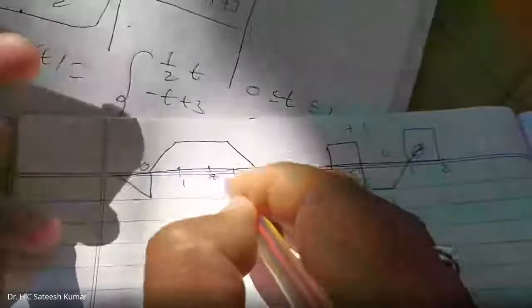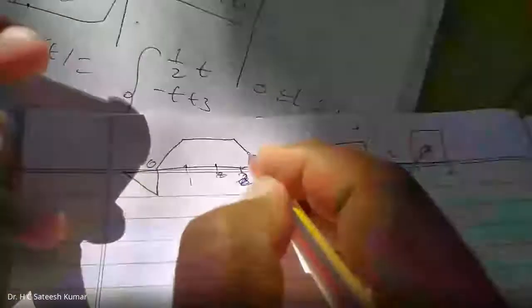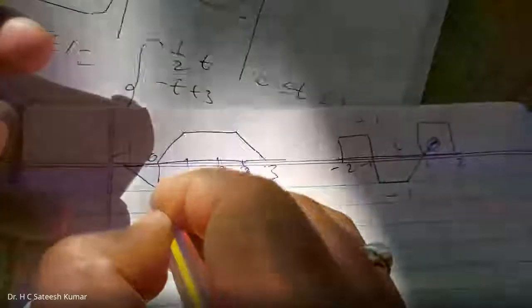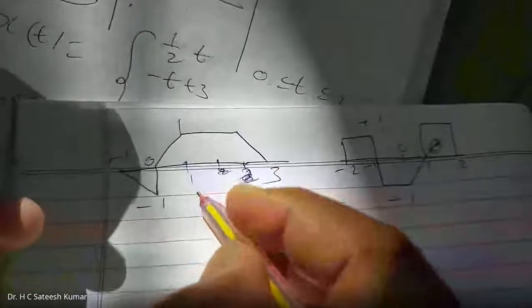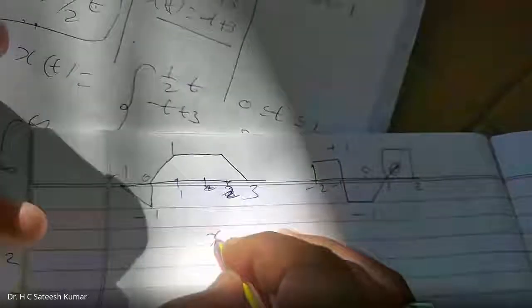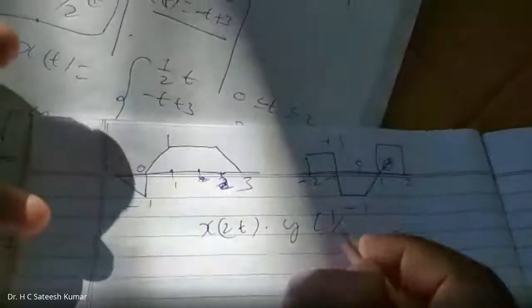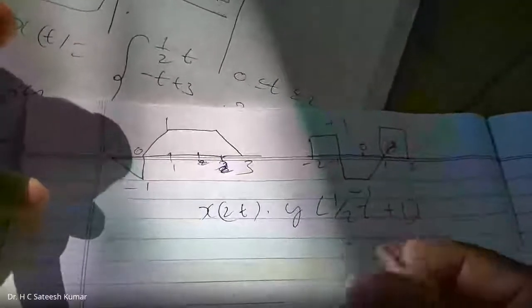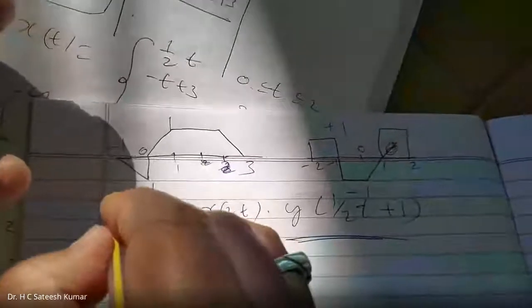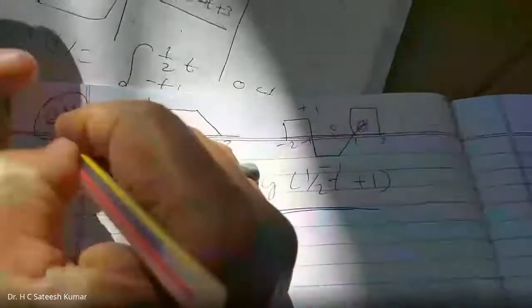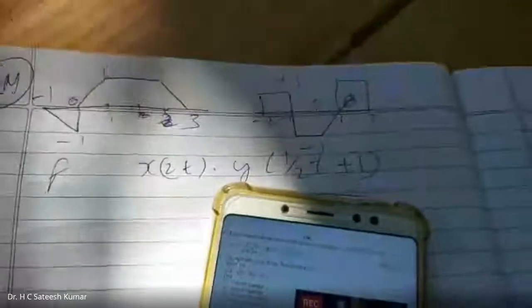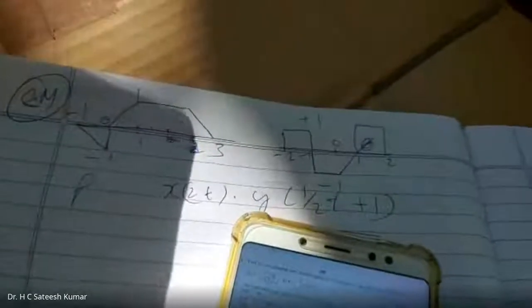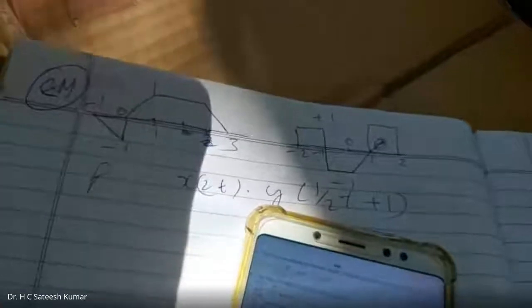Find out x of 2t into y of half t plus 1. This question is for 8 marks from July 2019. This is also similar to the problem I did. I'll give you the reference number.